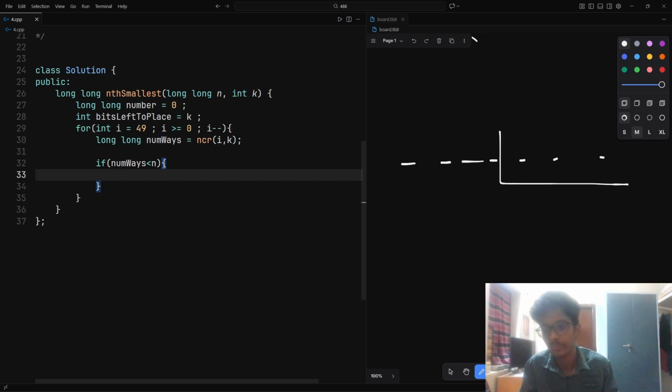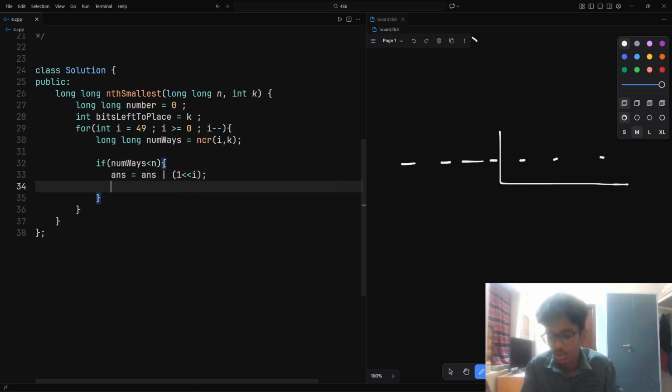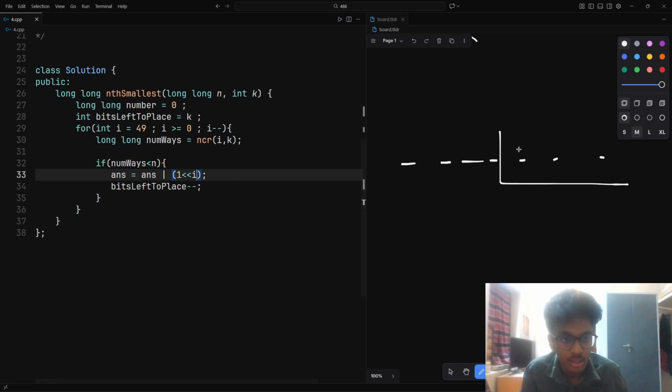So now this would mean I need to place a 1 bit exactly here, and now bits left to place is reduced by one, because I have placed a 1 bit here. From here there are no more n number of ways to place. I'm placing a 1 bit here so that this part can have a lesser number of ways.